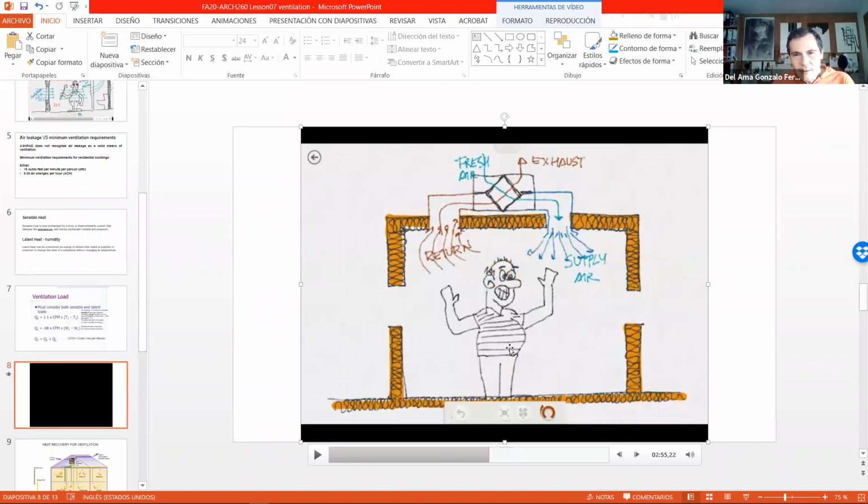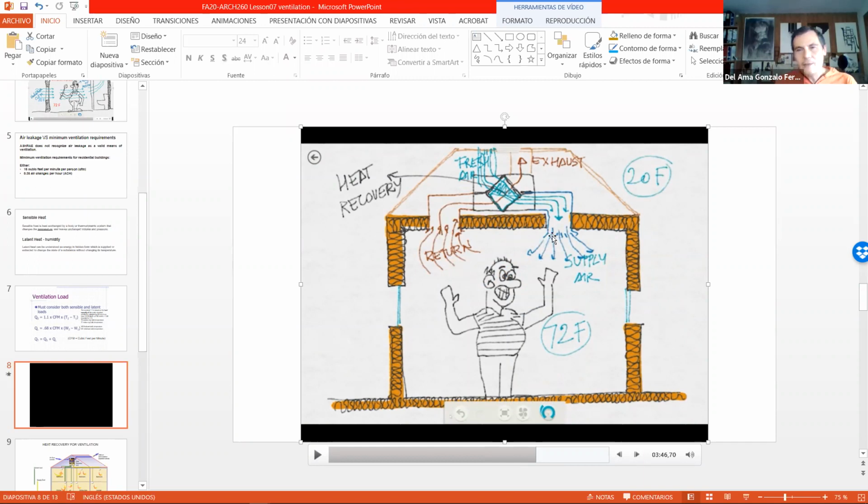Okay, so basically, the good thing here is that if the temperature indoors is 72, the temperature outdoors is 20, so this fresh air is at 20, this return is at 72, and this supply can be at 50, something in the middle between 72 and 20. So our heating system, we are saving energy because we are heating up air from 50 to 72.